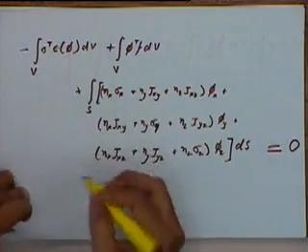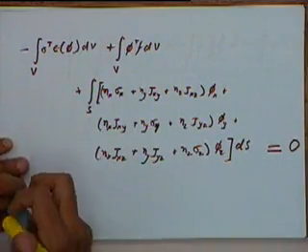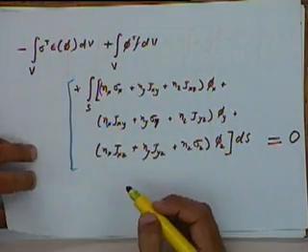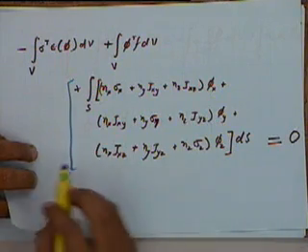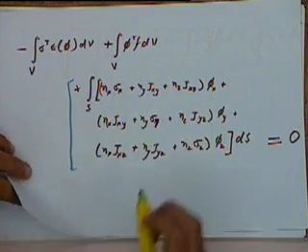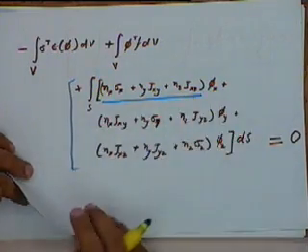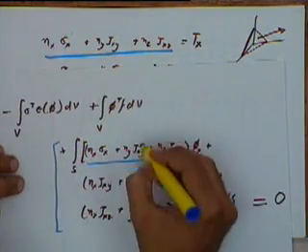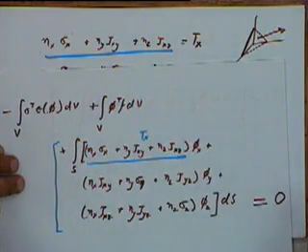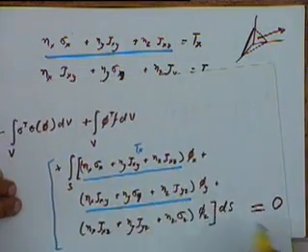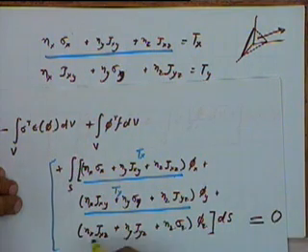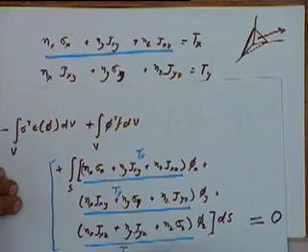Now if I look at these terms, for all the tractive forces I can say that this term is equal to Tx, this term is equal to Ty, and similarly this term is equal to Tz.